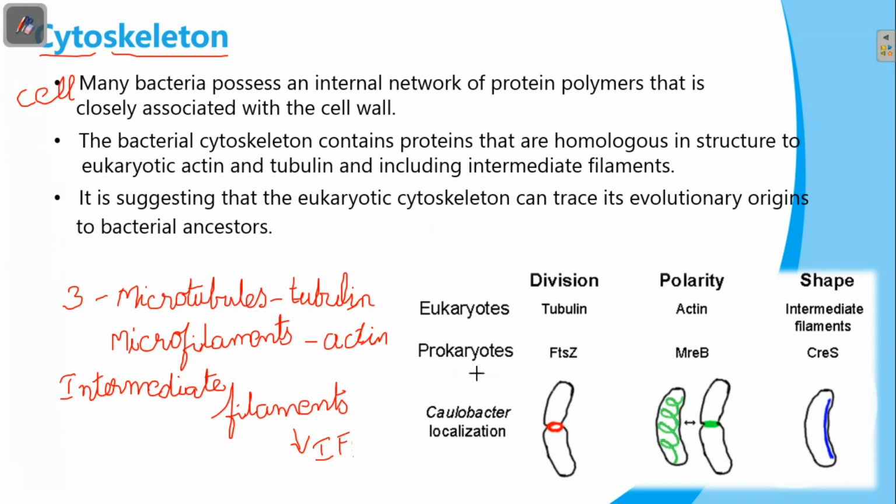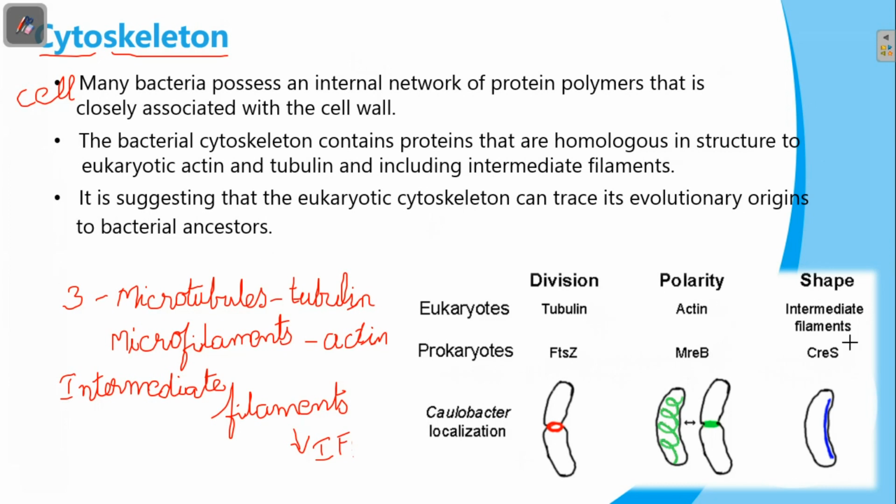The prokaryotic cytoskeleton is also made of some proteins like FtsZ, MreB and crescentin. FtsZ protein acts like tubulin of the eukaryotic cytoskeleton, and MreB acts like actin.